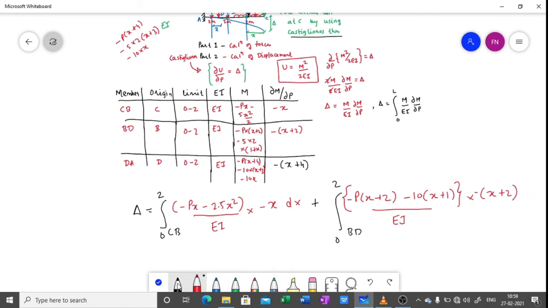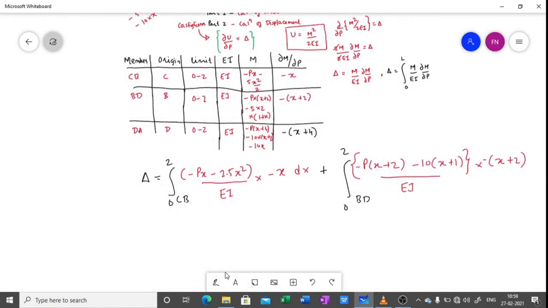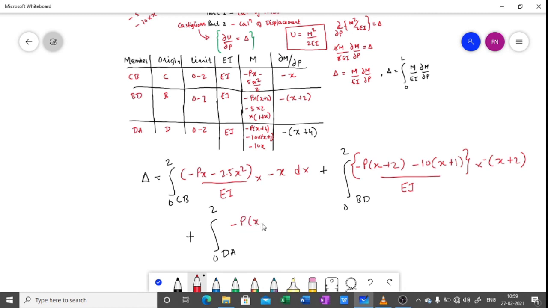Okay, one more member we have, plus member DA, limit is 0 to 2. Write down the value of M and then multiply it by dou M by dou P: minus P into x plus 4 minus 10 into x plus 3 minus 10 into x divided by EI into dou M by dou P value of DA which is minus x plus 4 dx.